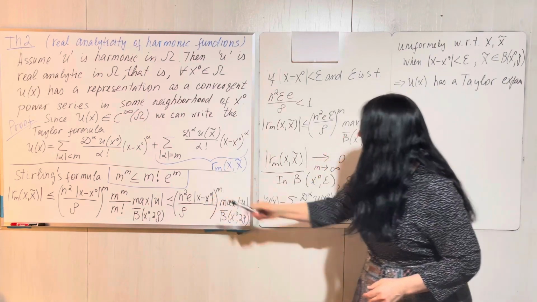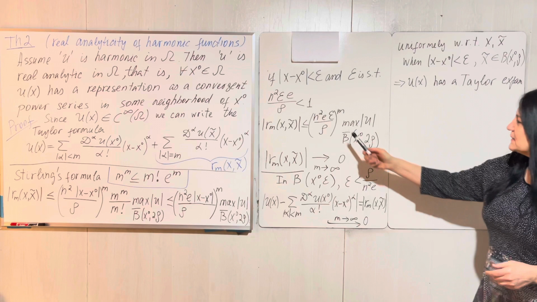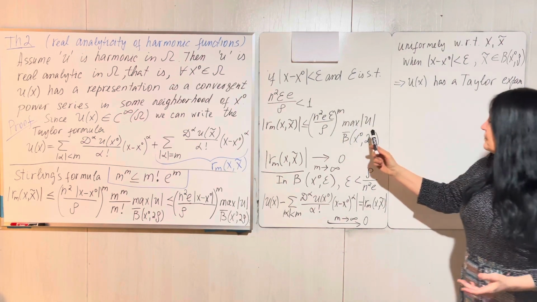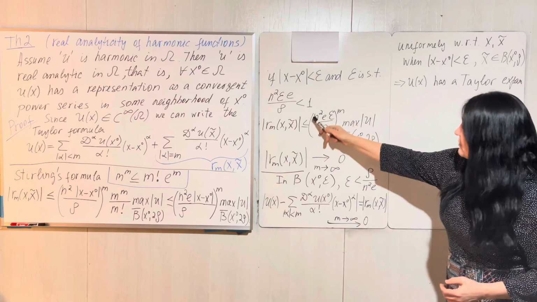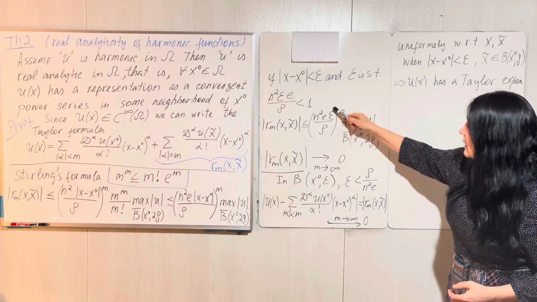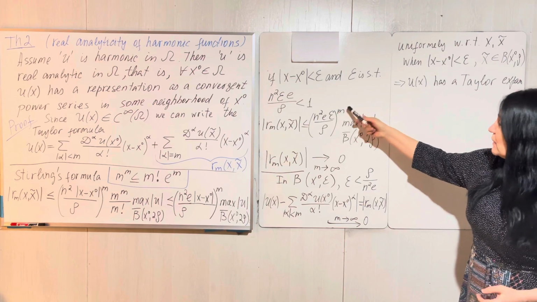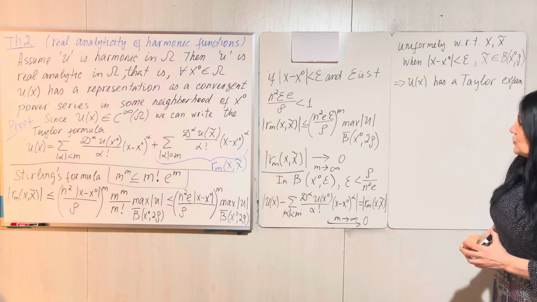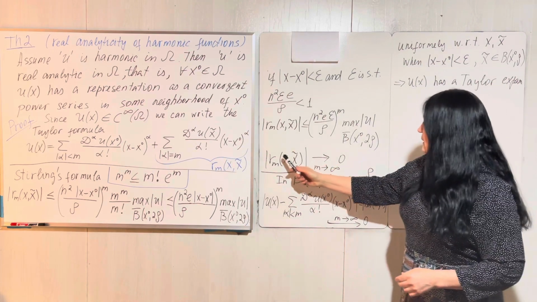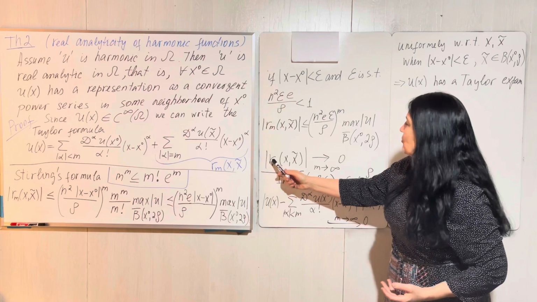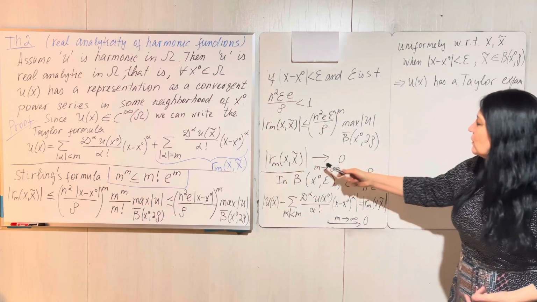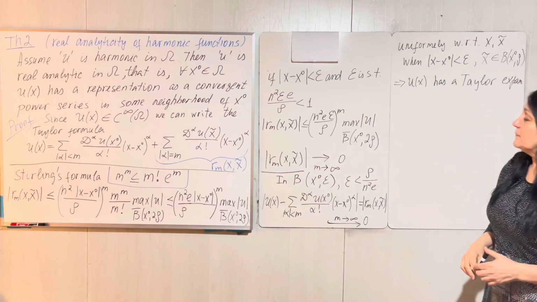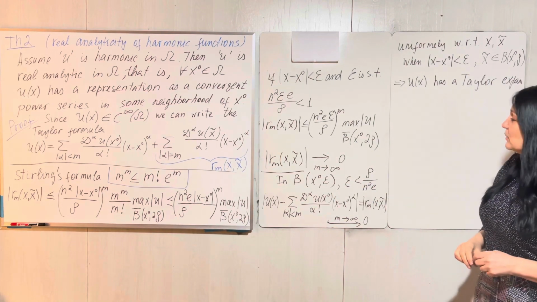If we just replace the distance x minus x naught with epsilon, we will have this, and then we can see that if this number is less than 1, then raised to the power m it will be getting smaller, and so what we will have is that the remainder will go to 0 as m approaches infinity. Right, that's basically what we want.